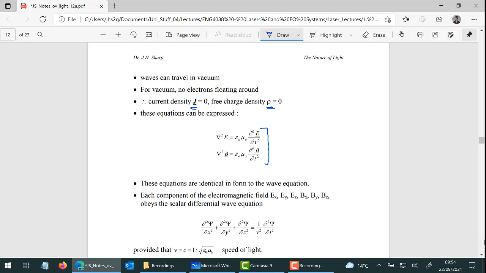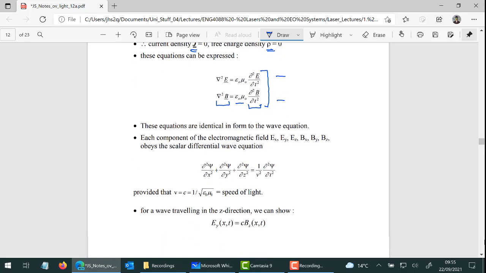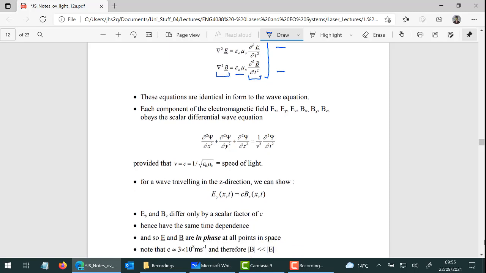Now, this should hopefully look familiar to you. What we've got is del squared of a particular item is equal to a constant times d2 over dt squared of that same item. In other words, what we have is equations which look like the wave equation for both the electric field and the magnetic field.